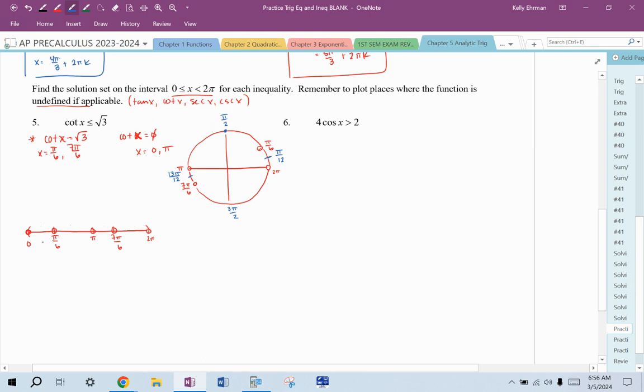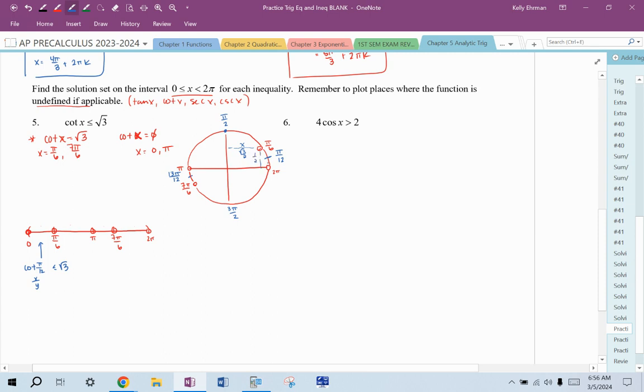All right, so in here we're thinking, what about what's happening at pi over 6? So what is the cotangent of pi over 12? And is that less than or equal to radical 3? Now, I know that the cotangent is the x-coordinate over the y-coordinate. And here, at pi over 6, the x-coordinate is radical 3 over 2, and the y-coordinate's 1/2.